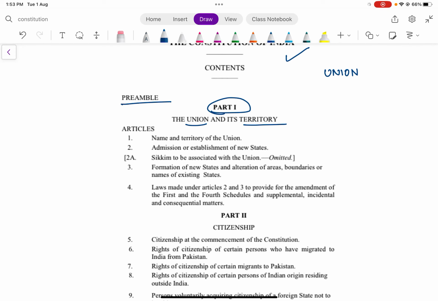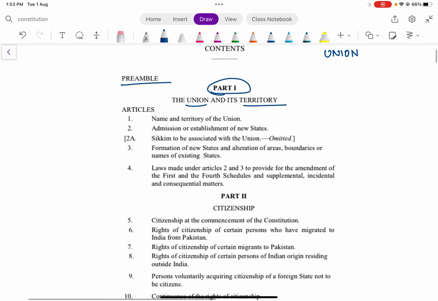So part 1 is the union and its territory. Article 1 says name and territory of India, that is Bharat, that is Union of States. Then we have Article 2, admission or establishment of new state. 2A, Sikkim to be associated with the union, omitted. Article 3, formation of new states and alteration of areas.